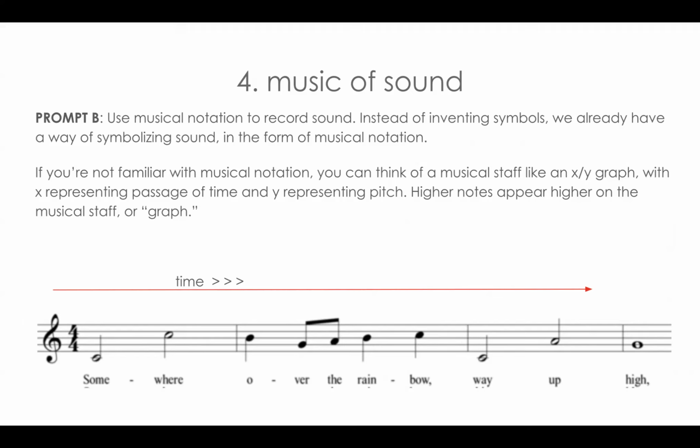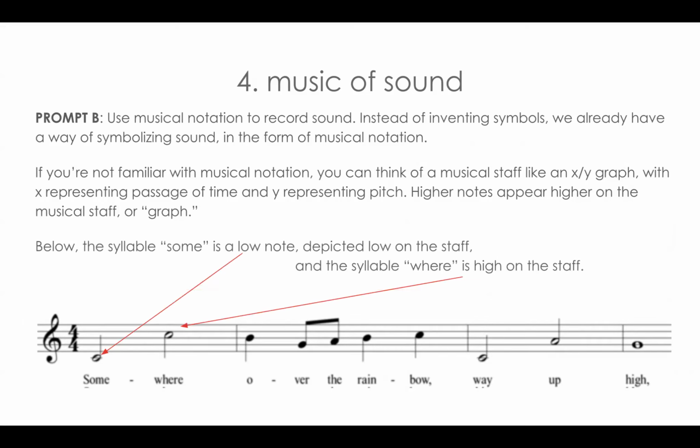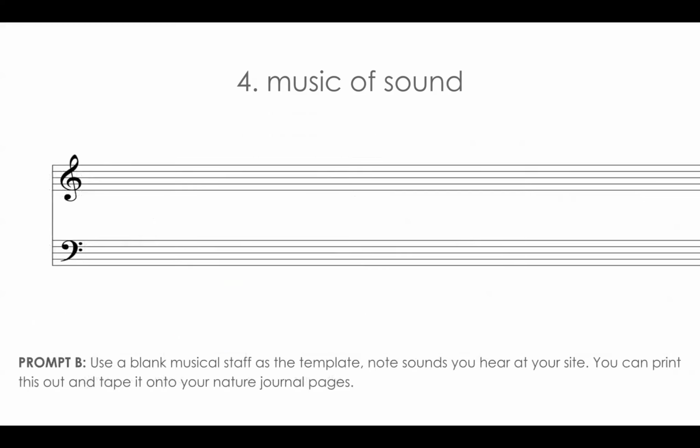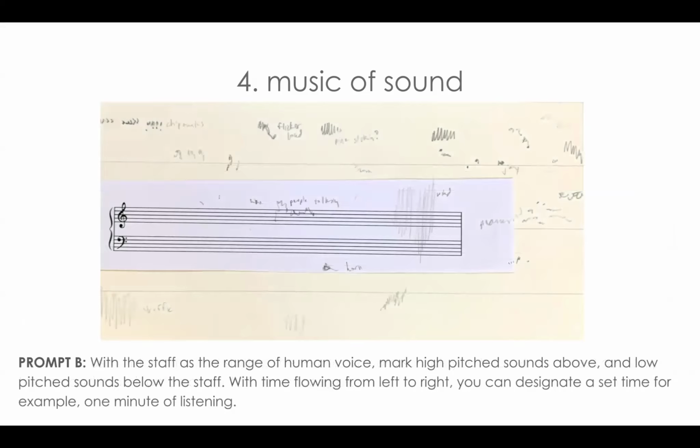So to capture sound on an XY axis in a nature journal, you can use a musical staff. These are available widely on the internet, and you can print them out on a page.